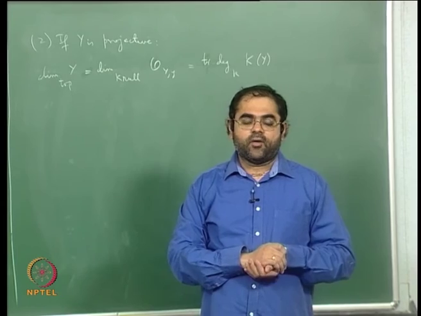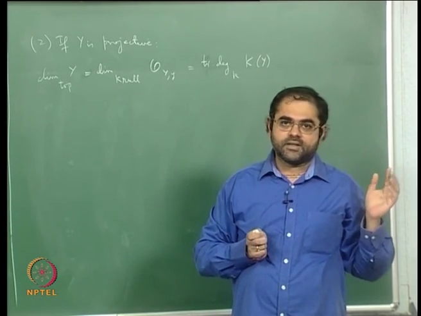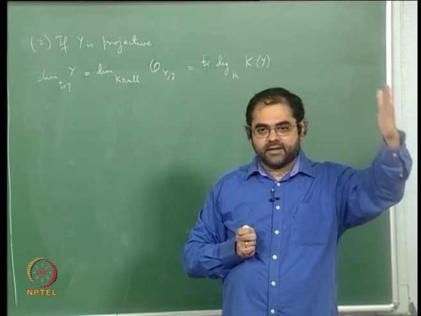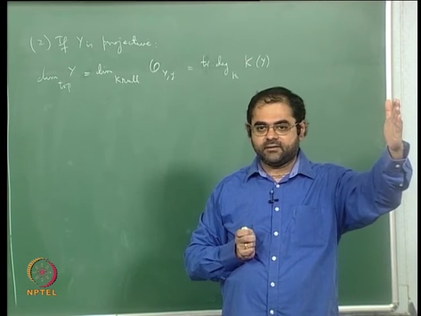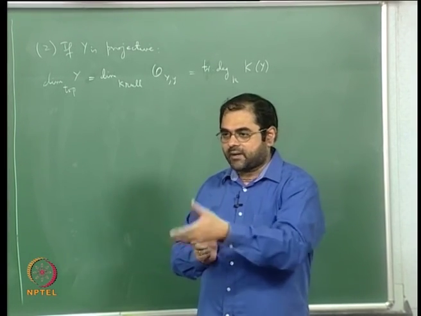So what is one thing in commutative algebra that you should remember about localization? If you take a commutative ring A, and if P is a prime ideal, and you go to A_P, what are the prime ideals in A_P?